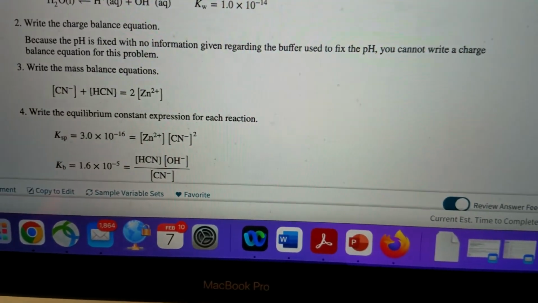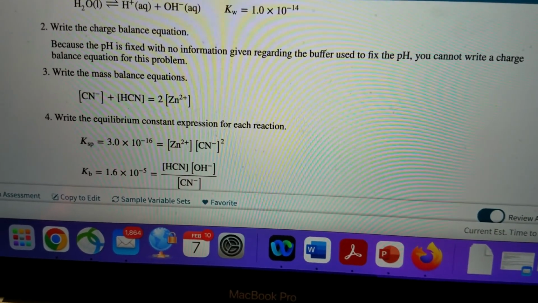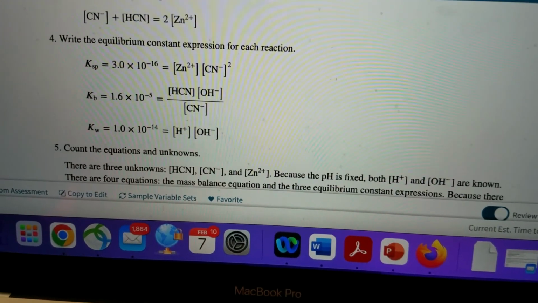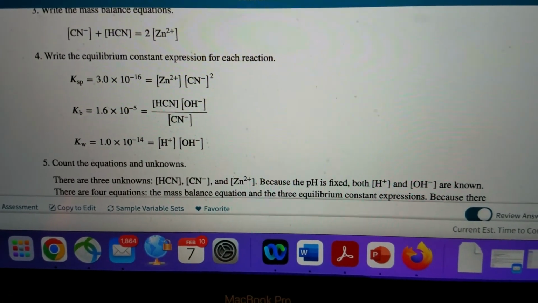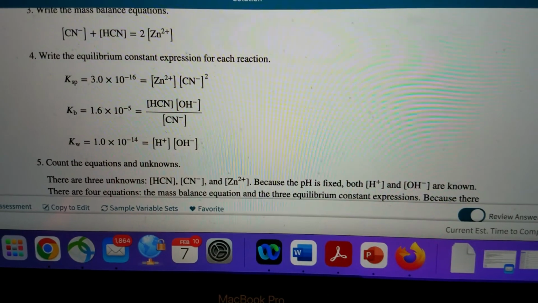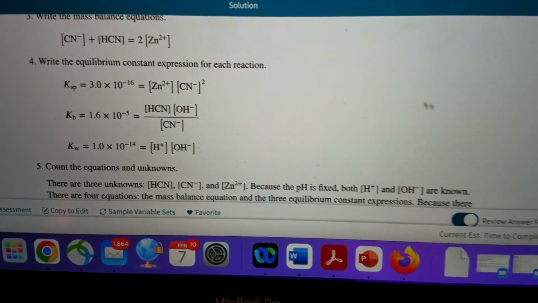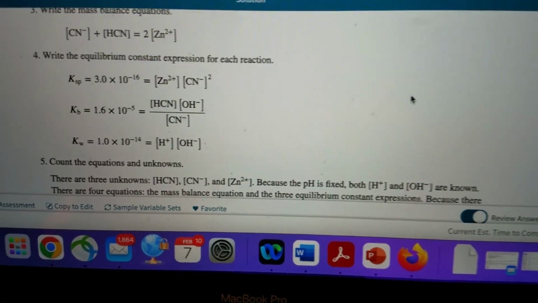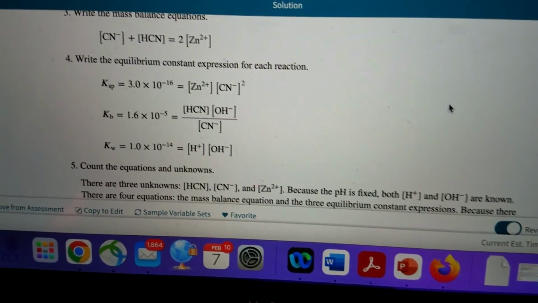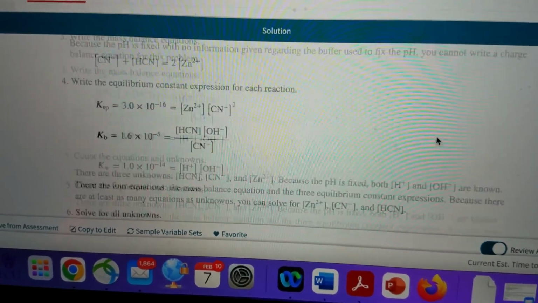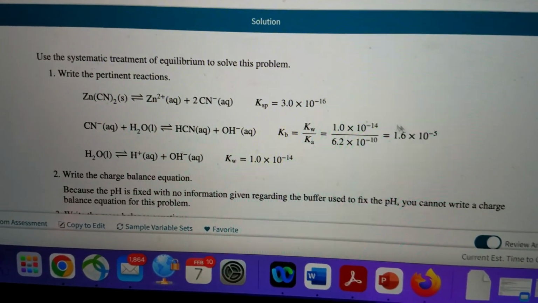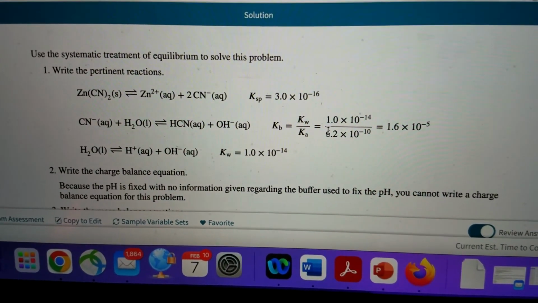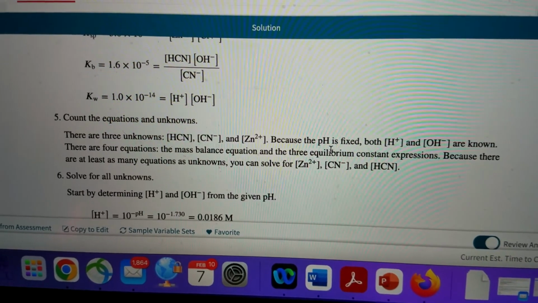Then we also have to write down the equilibrium constants of the 3 equations. We already saw those values for those constants. You see, it's right here.